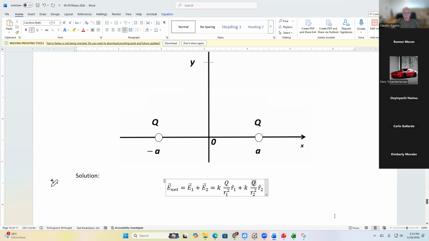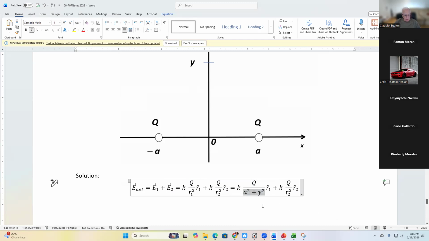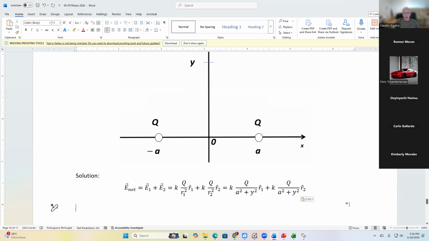I'll keep the unit vectors this way for now. R1 squared is going to be given by A squared plus Y squared, right? R2 squared is given by the same relation because they are equidistant to that point.